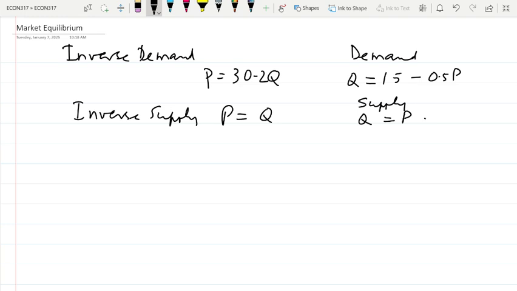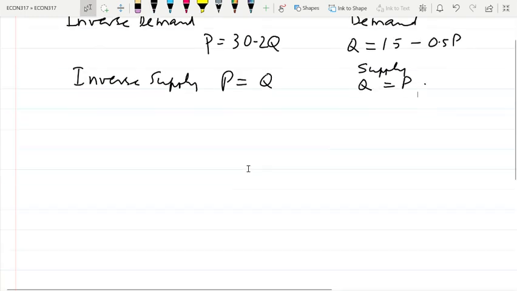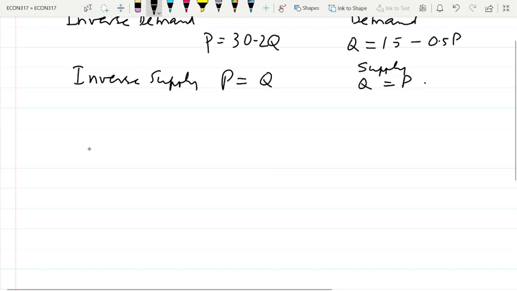Given this, we need to find the market equilibrium. Market equilibrium is the price-quantity pair such that, given the equilibrium price, the quantity demanded is exactly equal to the quantity supplied, or the price such that at that price the quantity demanded and quantity supplied are exactly the same.